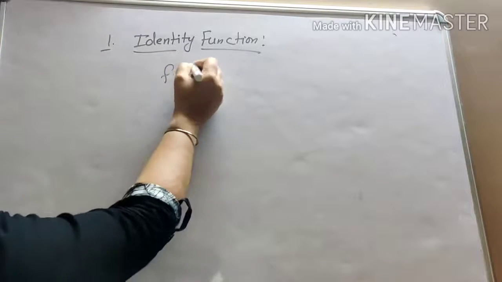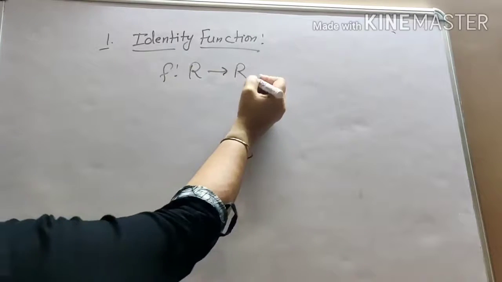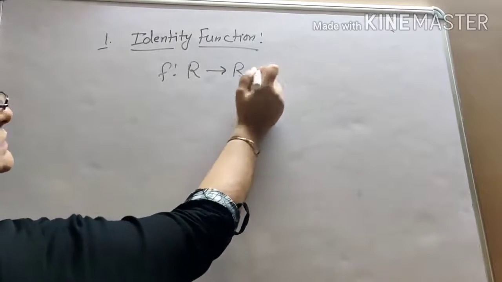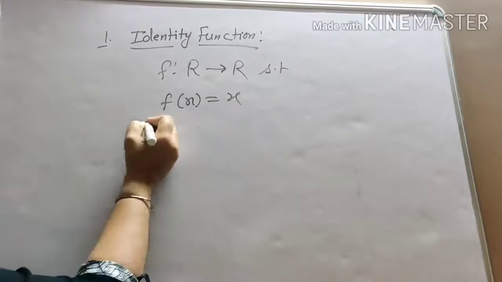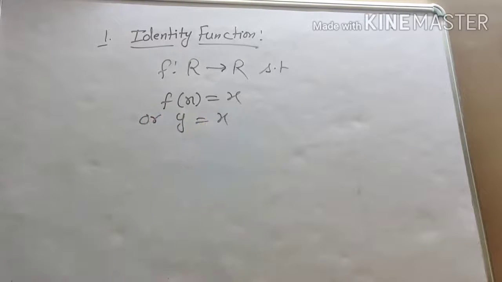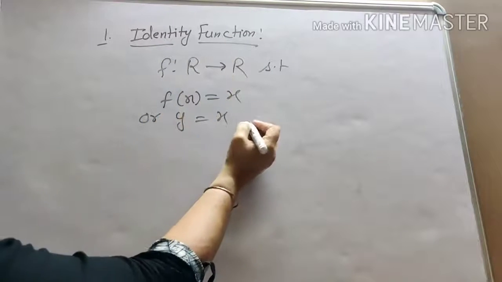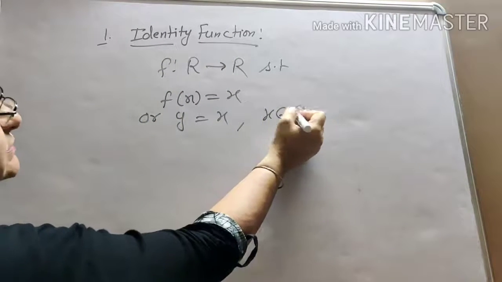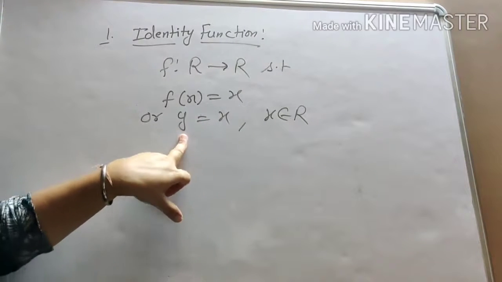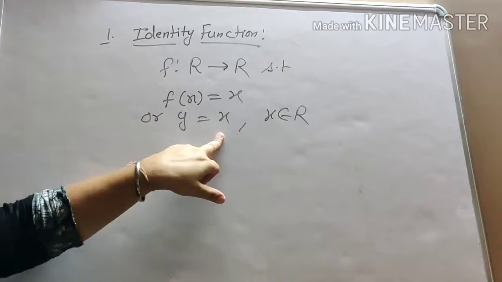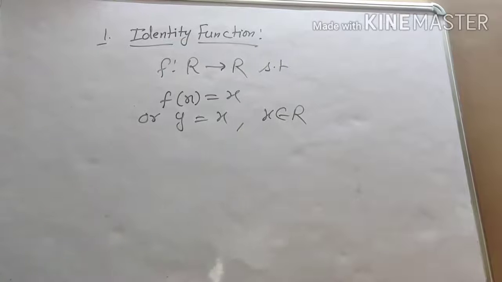If a function is from R to R, it means real to real, such that f(x) is equal to x, or we can say y equal to x, then this function is called the identity function for every x belongs to R. If x belongs to R, then y must belong to R because y is equal to x. So this is an identity function.